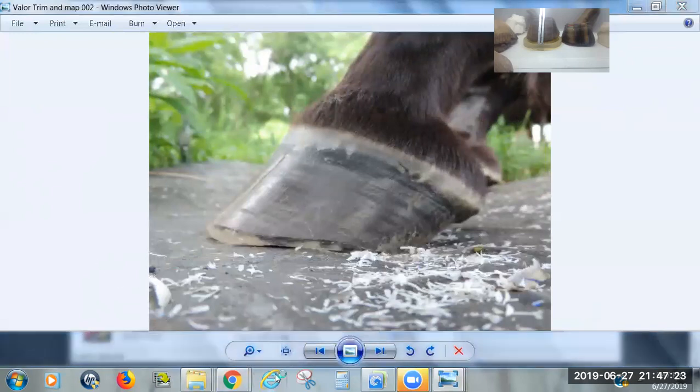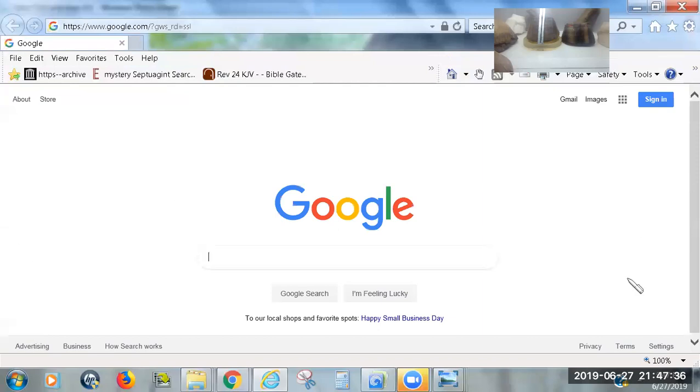Who could afford that? Well, when you count the cost of shoes and you figure you're going 8 weeks with shoes, if you go 4 weeks with trim and you do half the cost of shoeing, people pay it. Oh yeah, okay. Well, that makes sense.